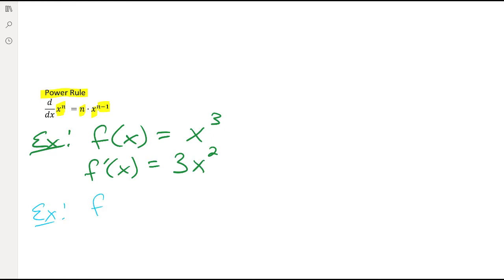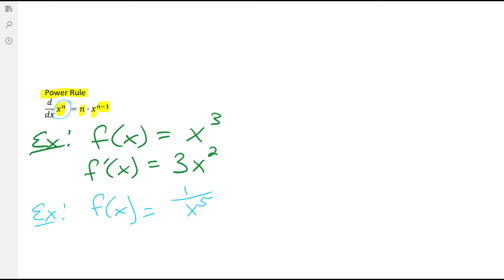What if f of x equals, how about this, 1 over x to the 5th power? Let's say we have that. Well, in order for us to apply the power rule, it has to be in the correct form. And the correct form is x to some power n, not 1 over x to some power n.